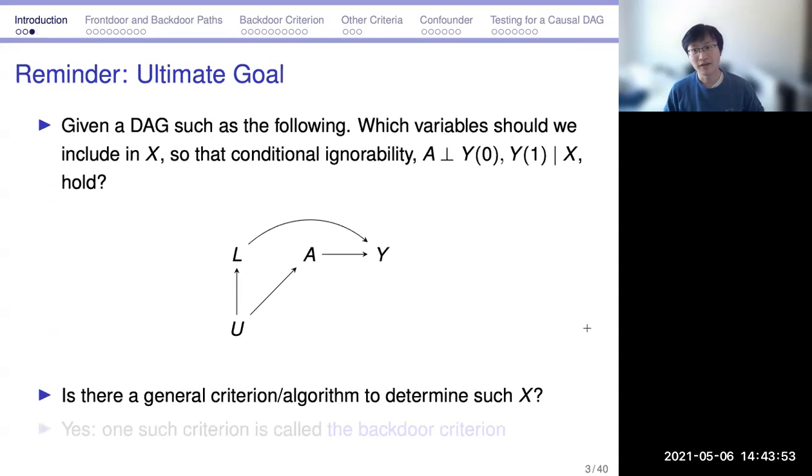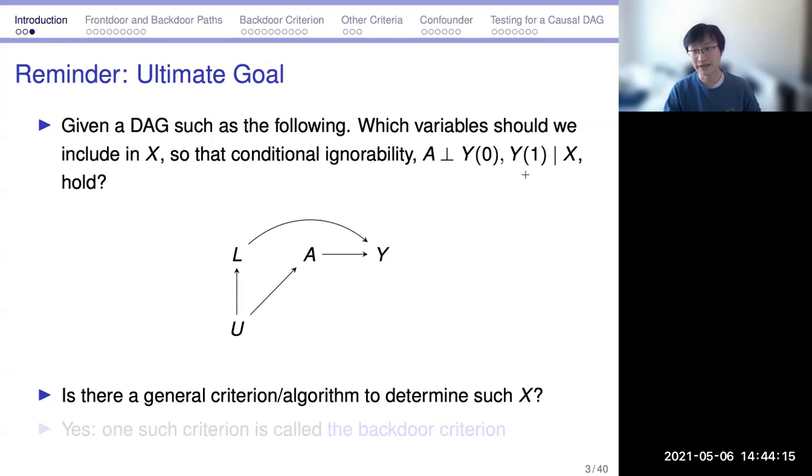So now let's always remember our ultimate goal. Our ultimate goal is that if we're given a DAG, such as the one in the following or a more complicated one, we want to find variables that we can include in X so that conditional ignorability holds.